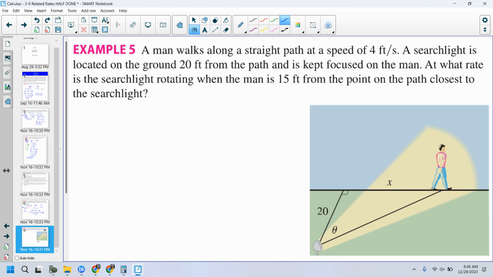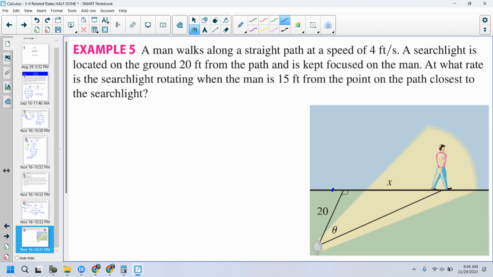A searchlight located down here, located on the ground 20 feet from the path, that's 20 feet right there, is kept focused on the man. So as he walks away, I keep rotating that light so that it's focused on that guy.